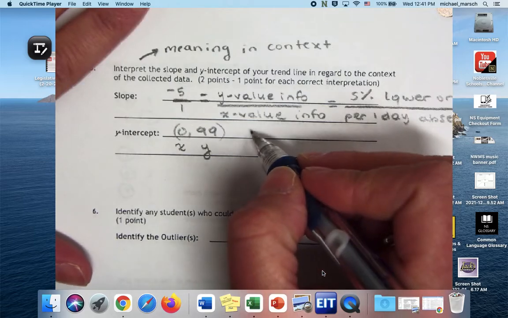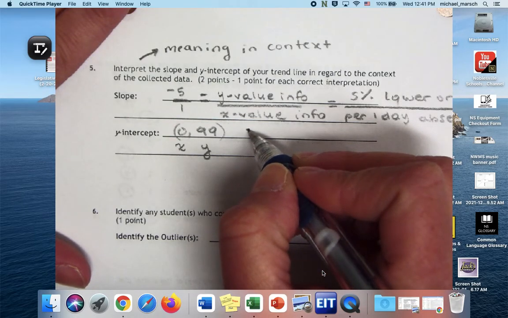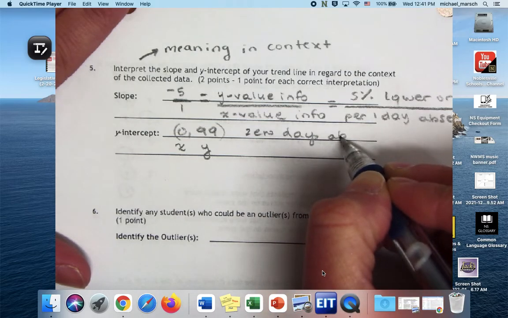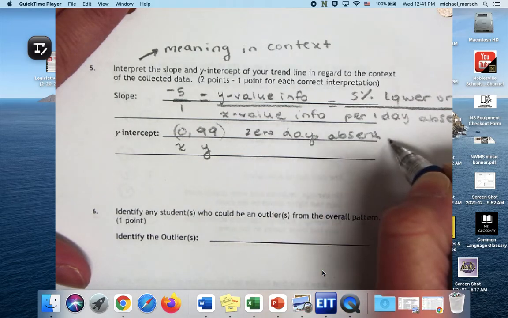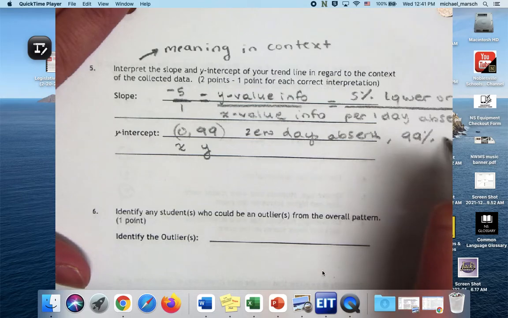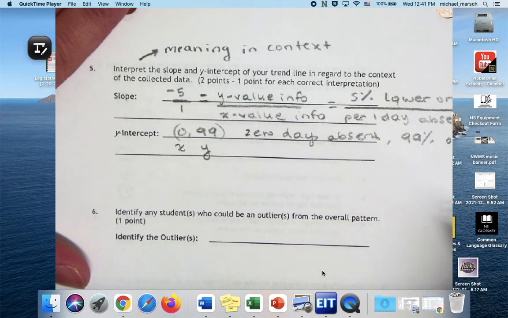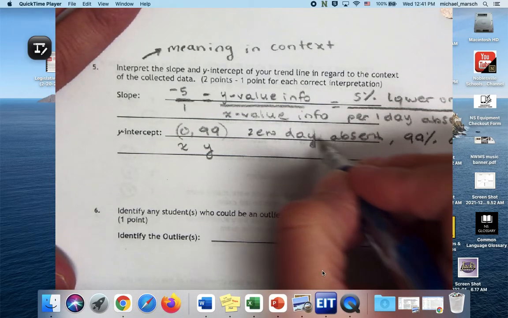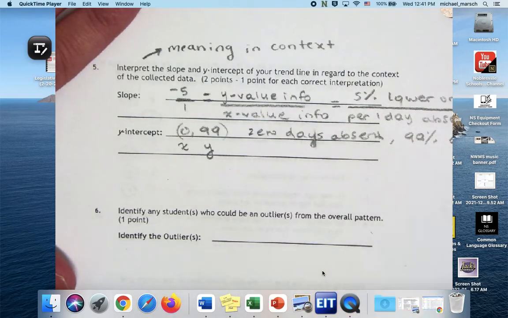The y-intercept means that's like the highest grade that you possibly get. 0 days absent, 99% on exam. That's what that stands for. The 0 means there were no absences. The 99 is the grade.